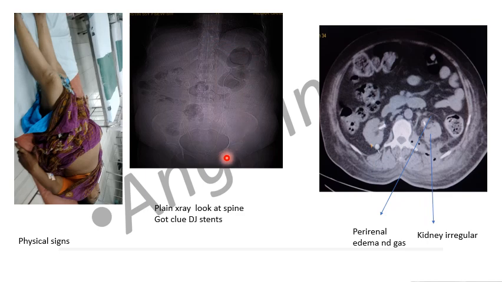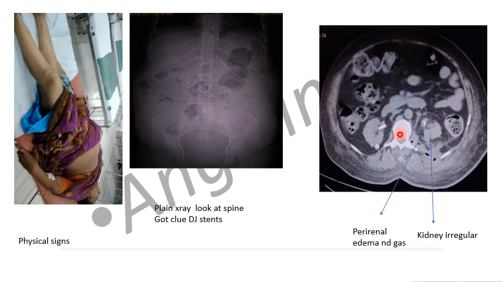This stent was put 20 years ago. She has no clue what happened after that. No issues. Now she's come with the problem. We have to get down to the basics. You ask for a CT scan, and this time you will ask for a CT scan and look into the urinary system, and don't get distracted all over with your CT. So you'll be very focused on the urinary system.